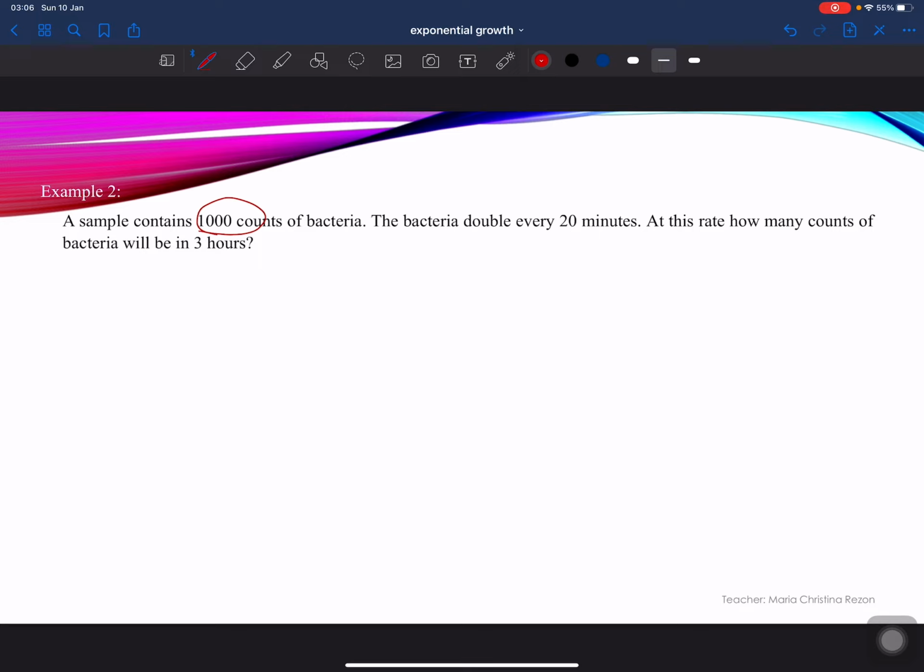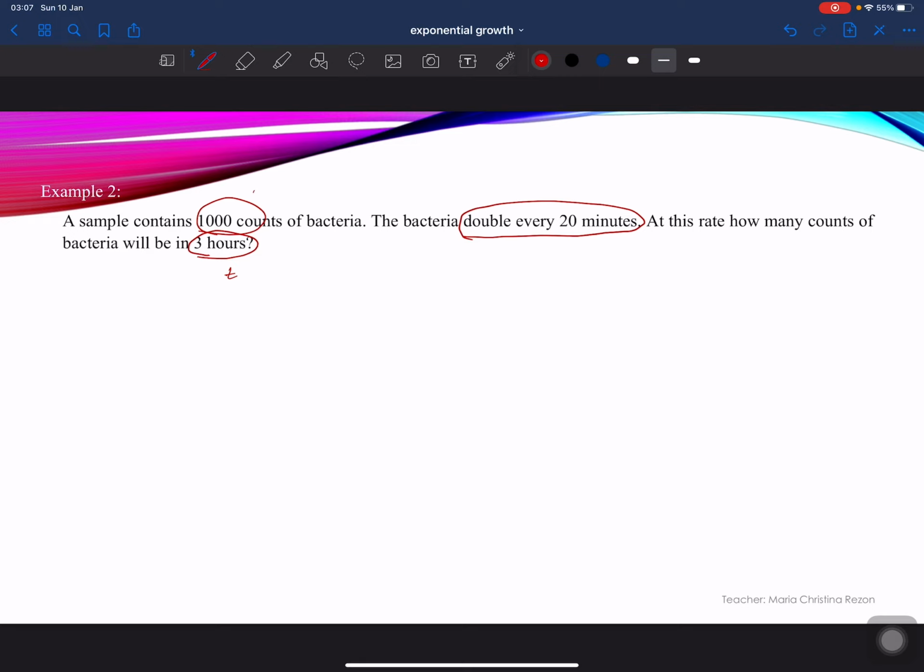Every 20 minutes, and this is very important, it doubles every 20 minutes. So at this rate, how many counts of bacteria will there be in 3 hours? So 3 hours here is our time.